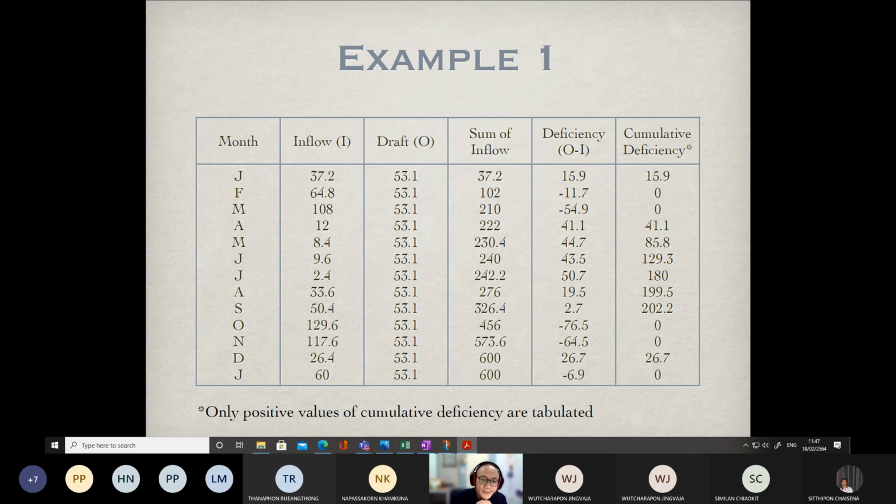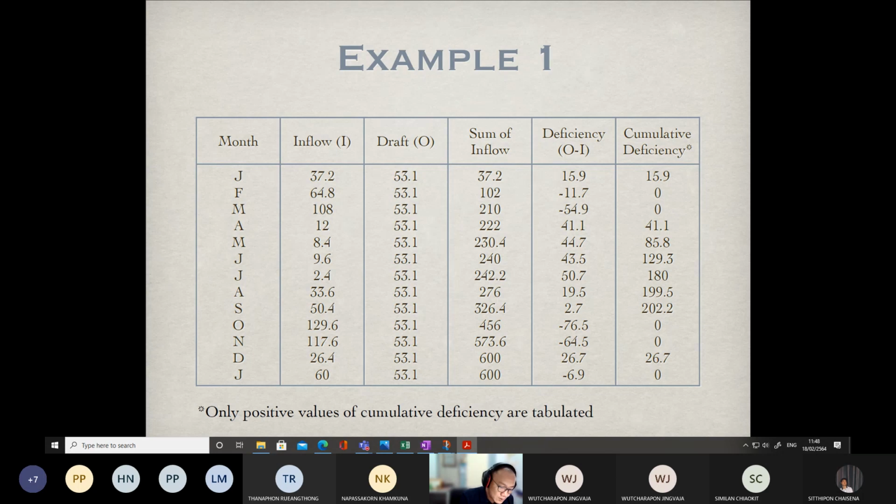In some months, probably July, it's just 2.4 only, not that much. And then August, September, October, November, December, and then next year January, it becomes 60 again.